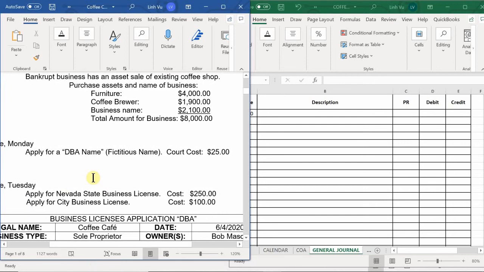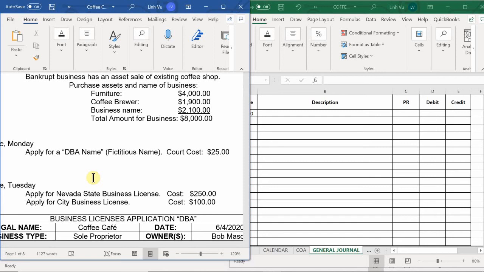Here, am I able to still record this transaction? That's a license, something like that for the business. No, if you don't have a bank account, this is just changing the name. How do you record that?